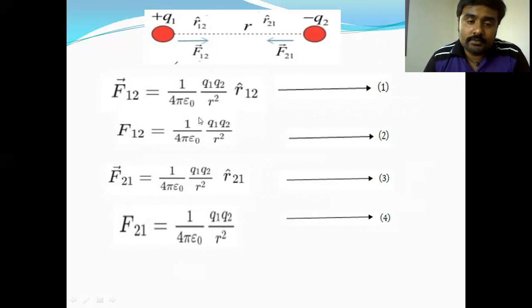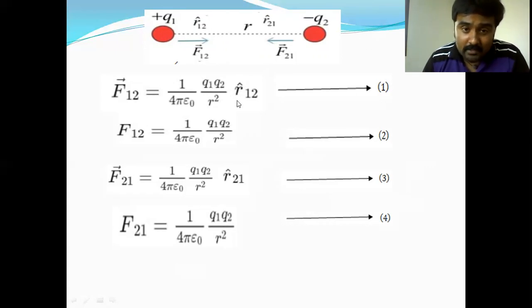Again, according to Coulomb's inverse square law in vector form, the force acting on plus Q1 due to minus Q2, that is the F12 vector, is equal to 1 divided by 4 pi epsilon naught Q1 Q2 divided by R square. This is the magnitude of the F12 vector according to Coulomb's inverse square law.